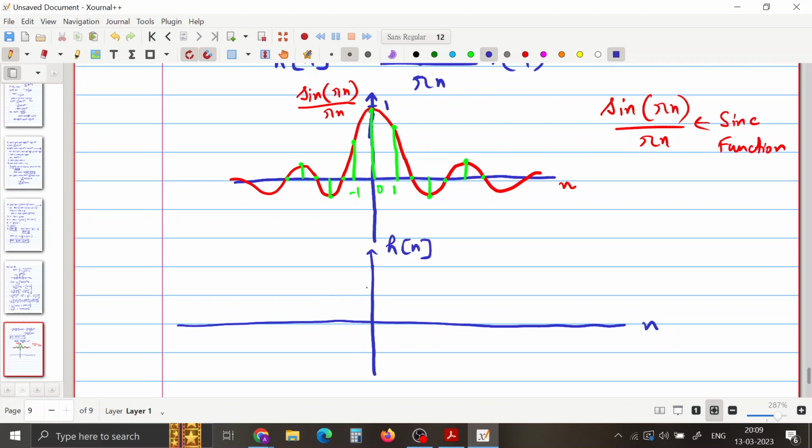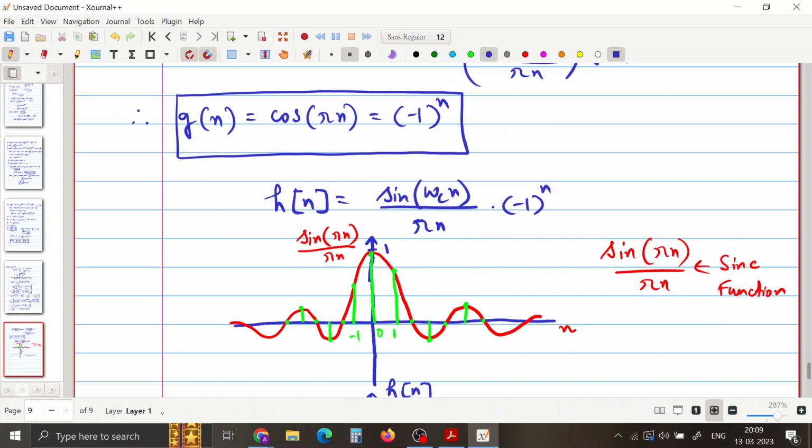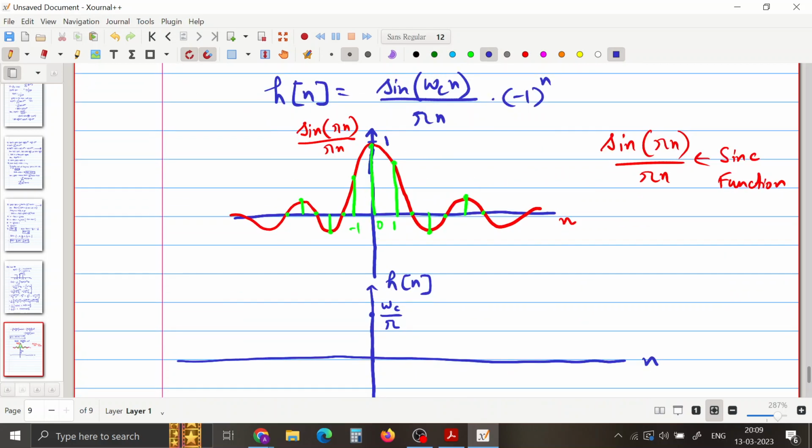At 0 we have some value here, and I expect this value will be omega c by pi, because what you are doing is taking the limit n tends to 0 of h of n.